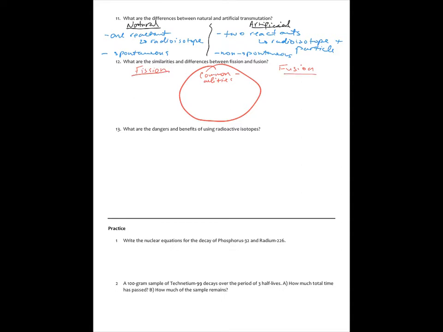Okay, so fission is breaking a large radioisotope into two elements, whereas fusion is two elements combining into one larger element.